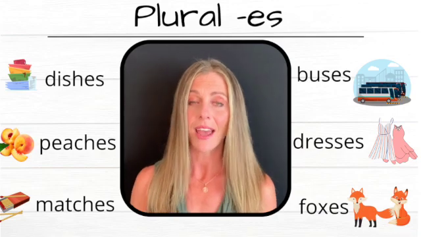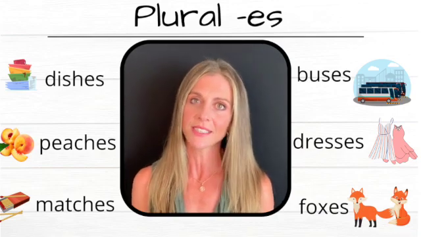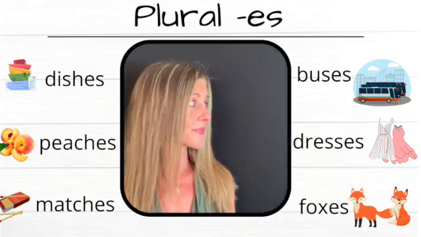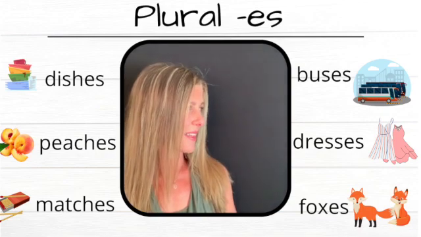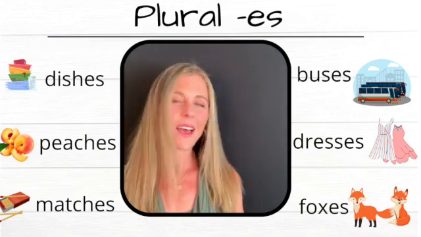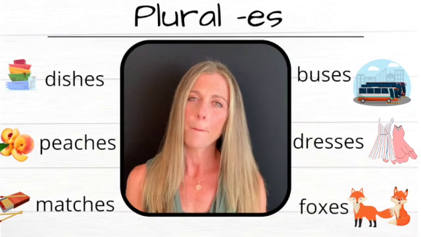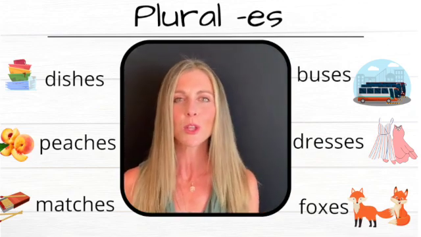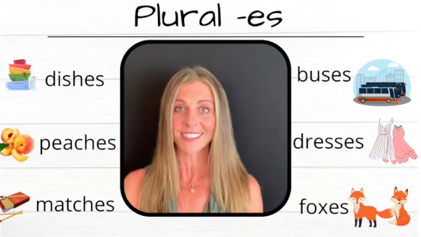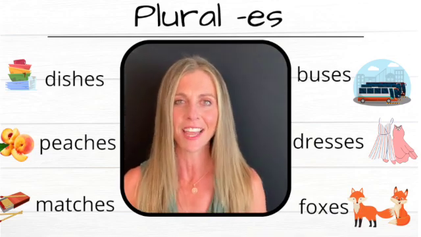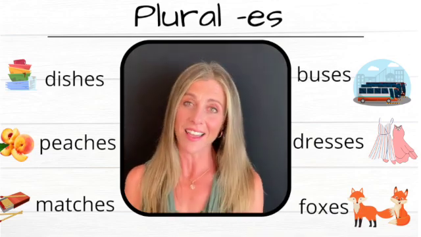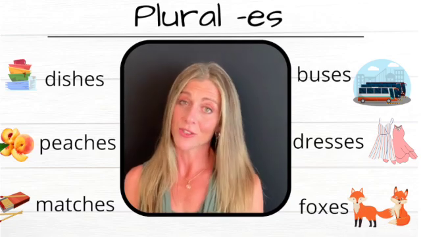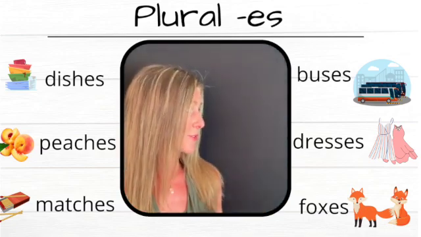Okay, let's look at buses. What's the base word in buses? You see bus right there. Now, when we add an ending to make it plural, bus becomes buses with not just an S. That would look strange to us to have two S's together there. We'd add the ES. Now on dresses, we have the base word dress.